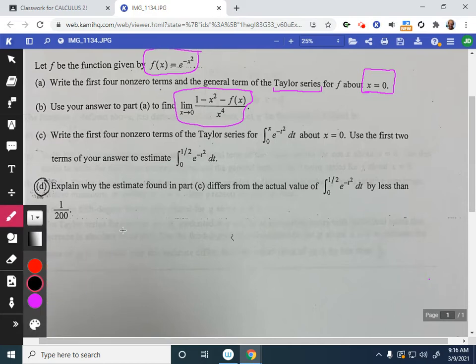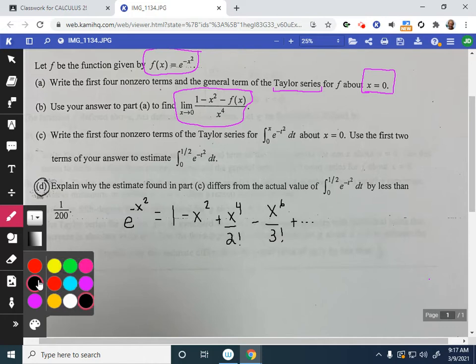So from part A, I have the series for e to the negative x squared. I'm just rewriting it. 1 minus x squared plus x to the 4th over 2 factorial. So now they want us to find the integral of this.